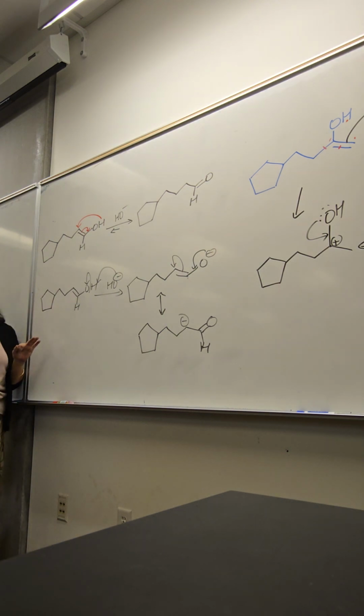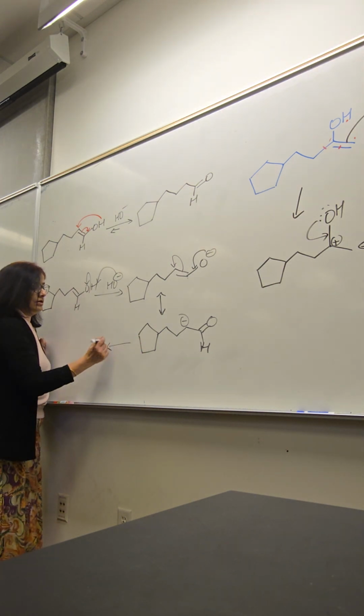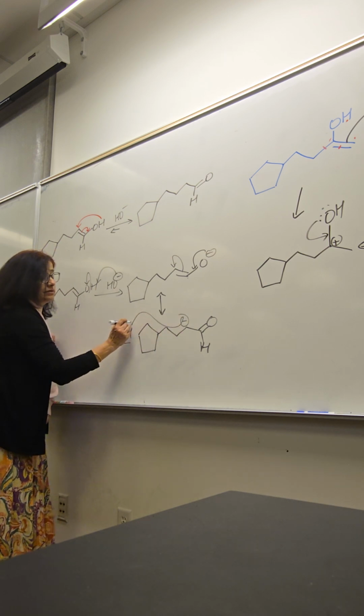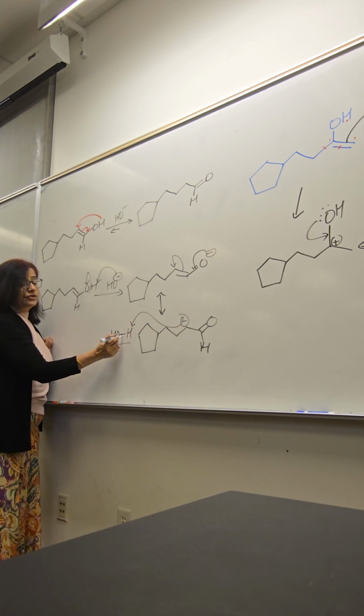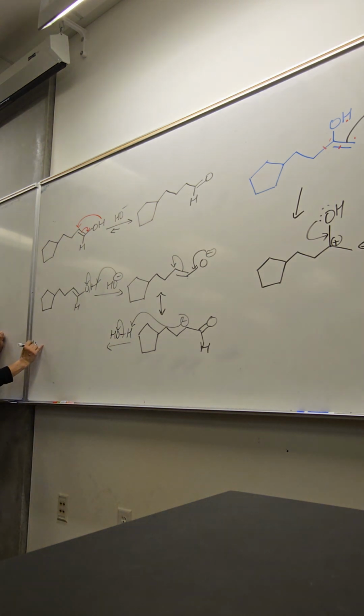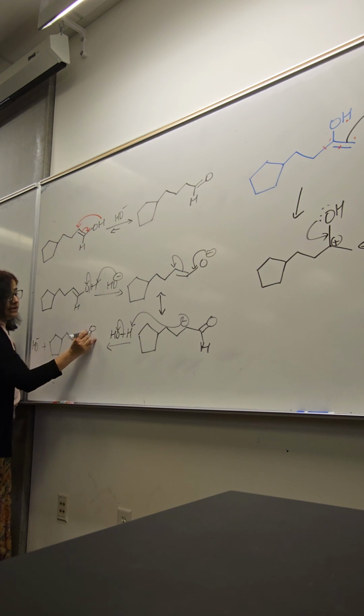Now what does this need to do to become neutral? It would bond with water, so it would take a proton, H plus, because those electrons go there. Since the base is used as a catalyst, it'll go back full circle. And what does that become? Anti-Markovnikov aldehyde.